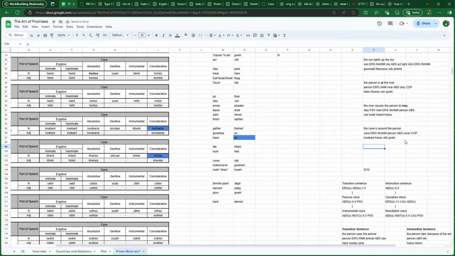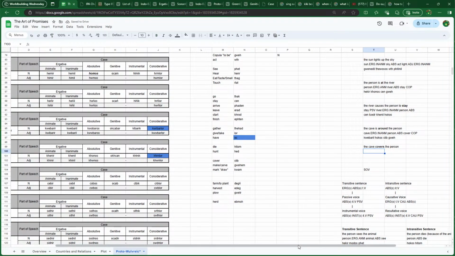Next, the cave covers the person. This would be, well, it needs cover, so this is our indication that, no, shut up, stop. This is our indication that we need to use the VSO word order.